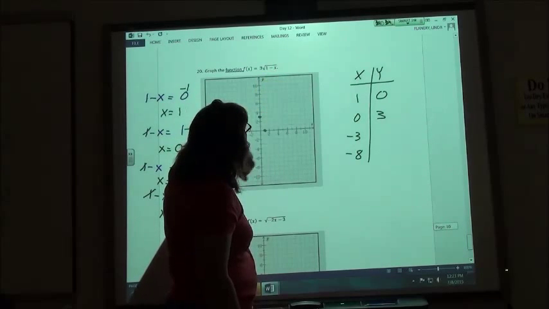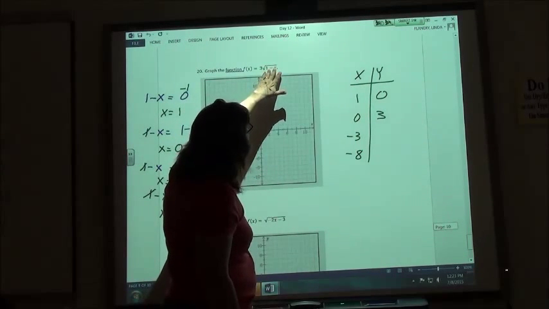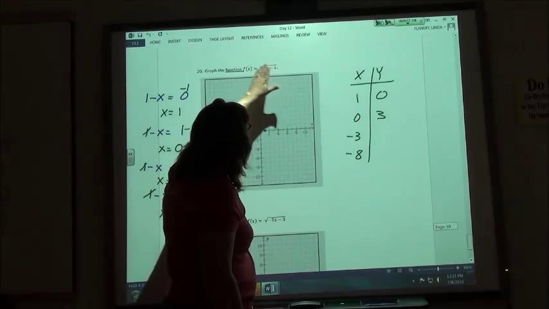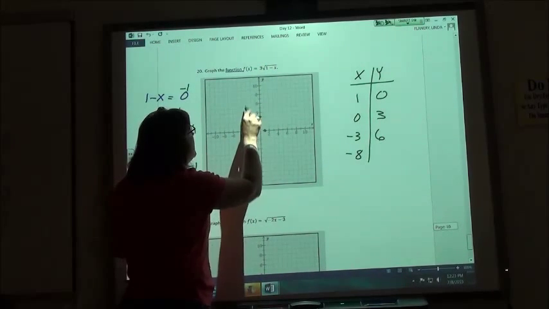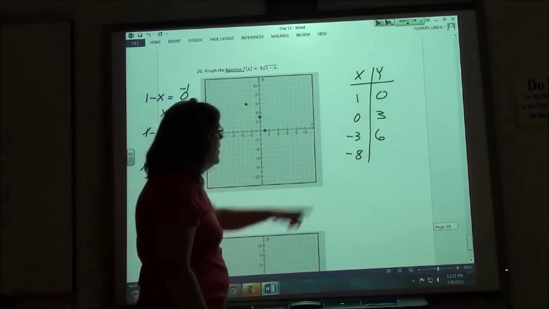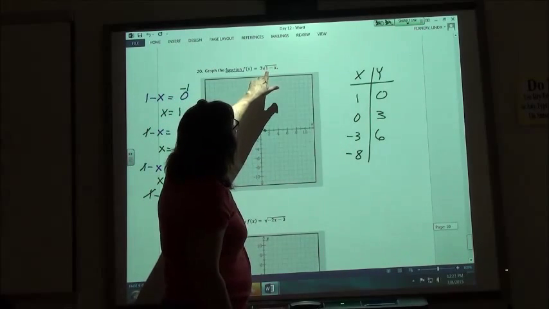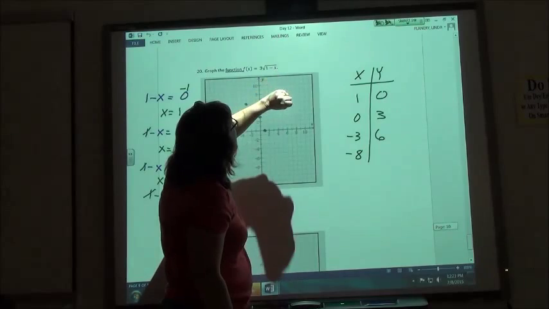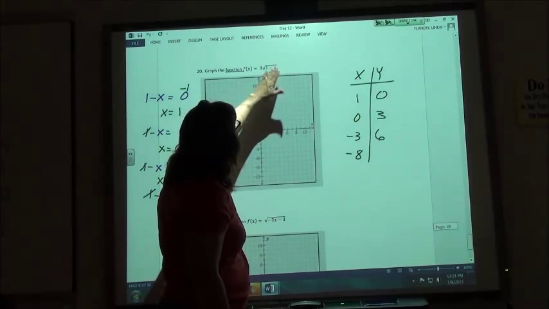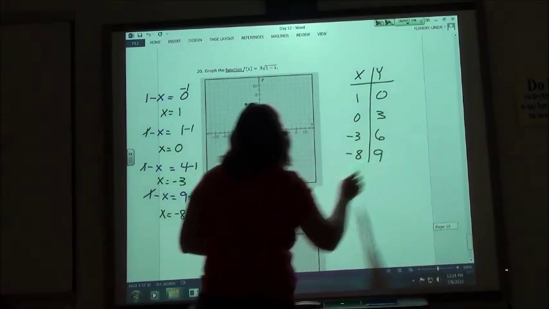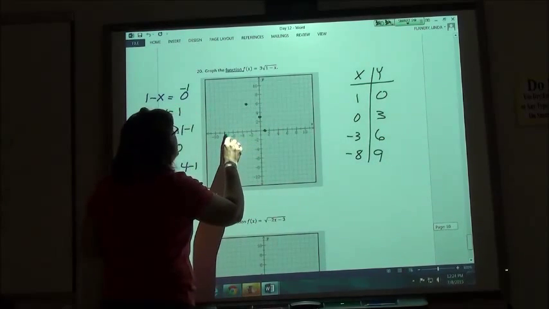When I minus a negative, I'm going to add the 3, so I'm going to get 4. Square root of 4 is 2. 2 times 3 is 6. So -3 is up to 6. And then -8. Again, 1 minus a -8 means I'm going to do 1 plus 8, which is 9. Square root of 9 is 3, and 3 times 3 is 9. So -8 is up to 9.